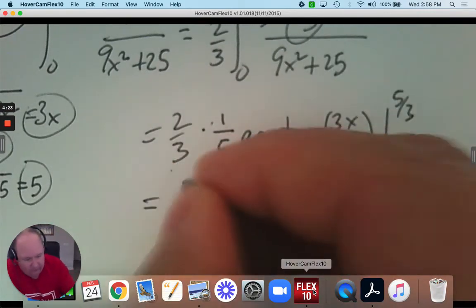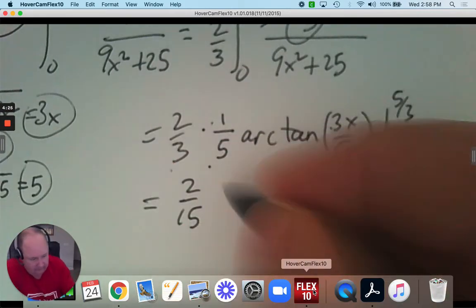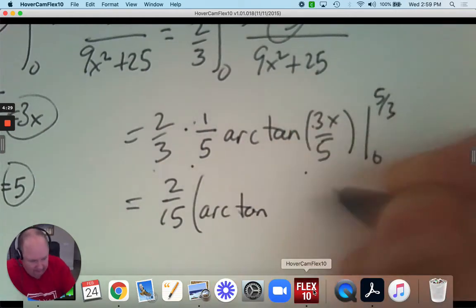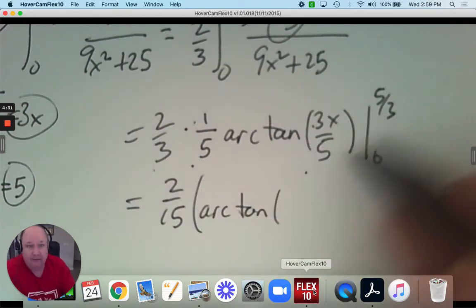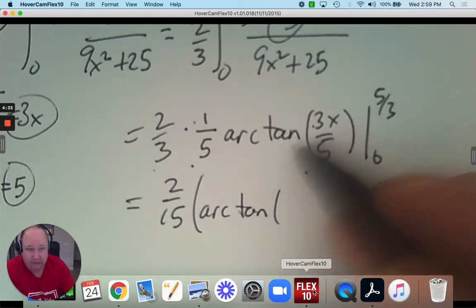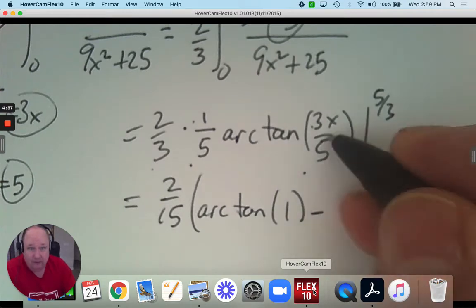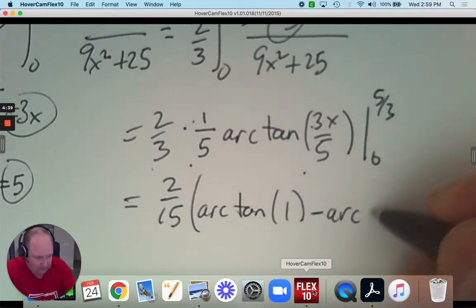So this is 2 over 15. I'm just going to write that in front. And then it's arctan, and we're going to plug in 5/3. Now 3/5 and 5/3, they all cross out. That gives me arctan of 1 minus, if I plug in 0, arctan of 0.